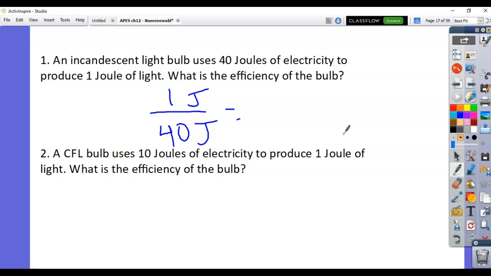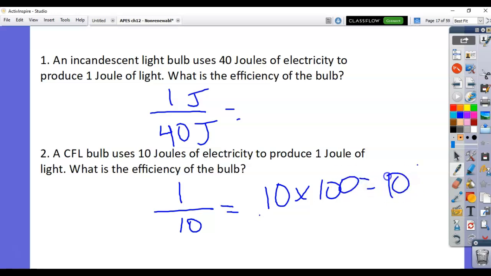All right, a CFL light bulb uses 10 joules of electricity to produce 1 joule of light. What is the efficiency? So how much came out over how much did we put in? 1/10 is 0.1 times 100, 10%. So which light bulb is more efficient?